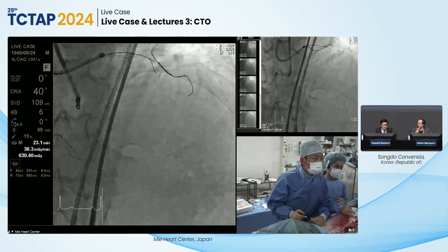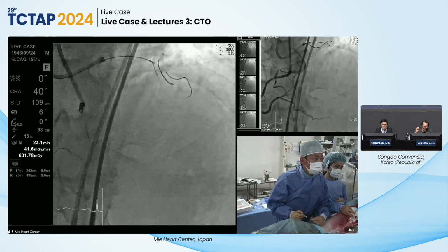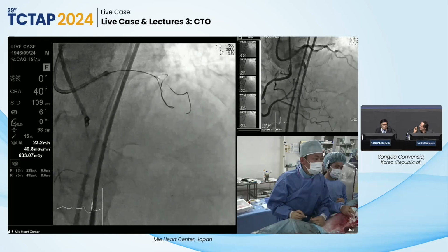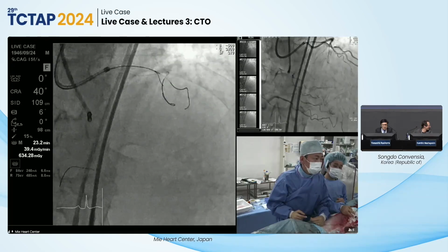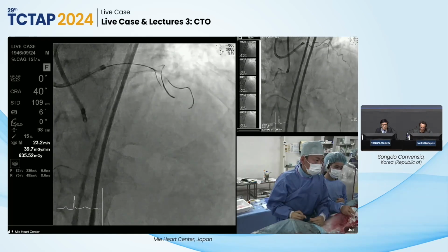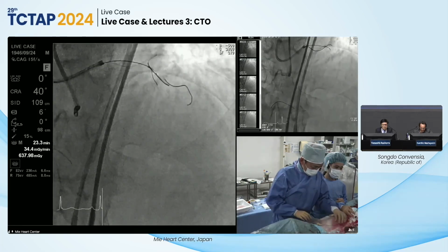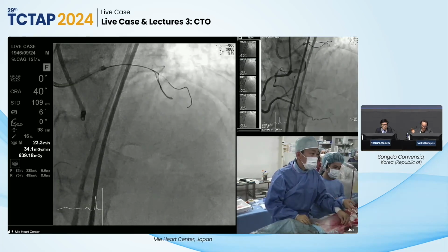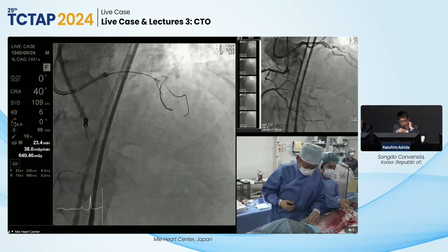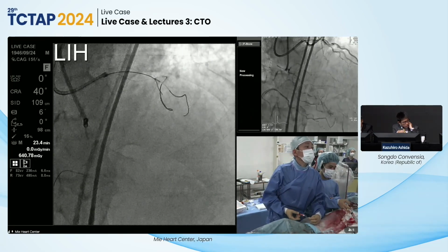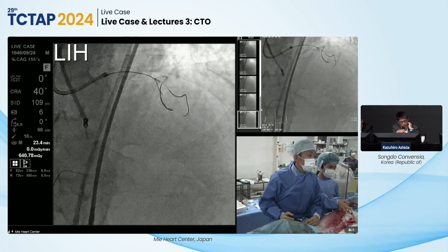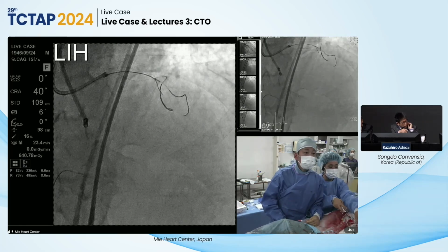Yes, right. Sorry, this CTO site is a very short region, but the distal target vessel is very small. It means that a correct puncture at the entry point is very important. So my plan is simultaneous IVUS checking, and Gaia Next second or third is my choice, and then wire step down after puncture.